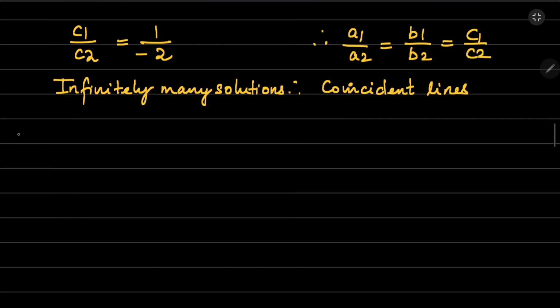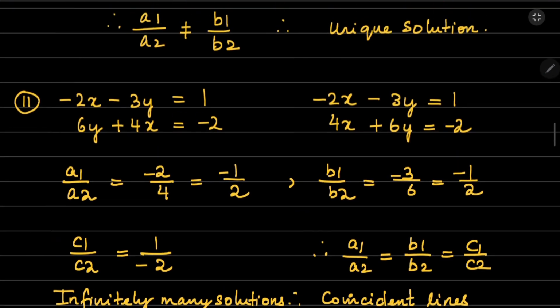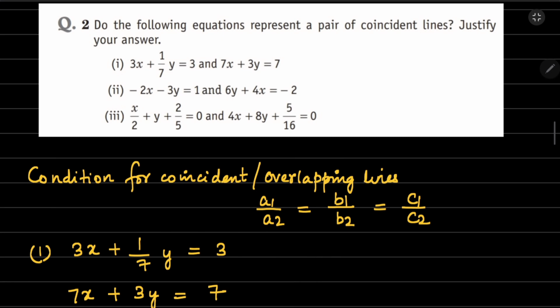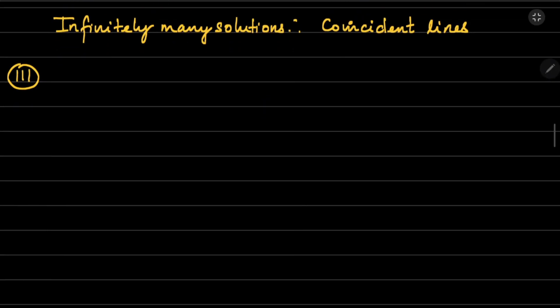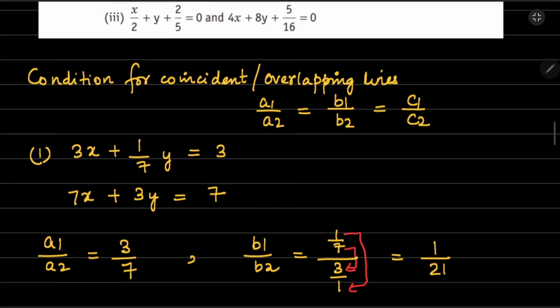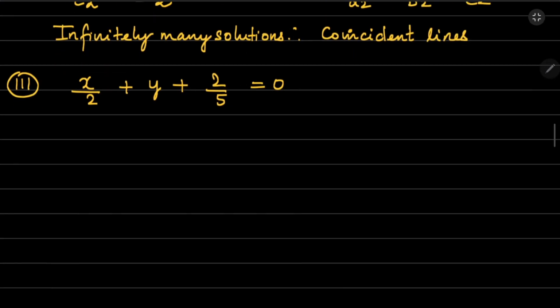Let's move on to the third question: x by 2 plus y plus 2 by 5 equal to 0, and 4x plus 8y plus 5 by 16 is equal to 0. Let's write that question.